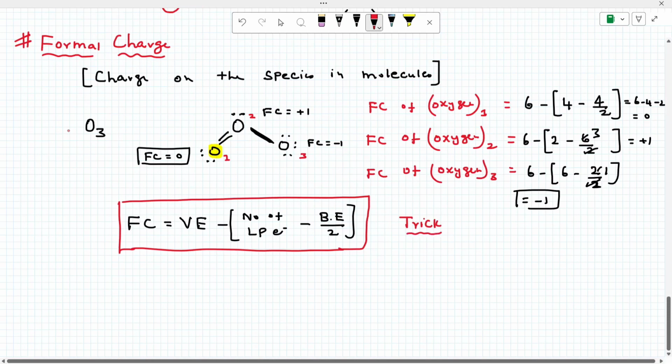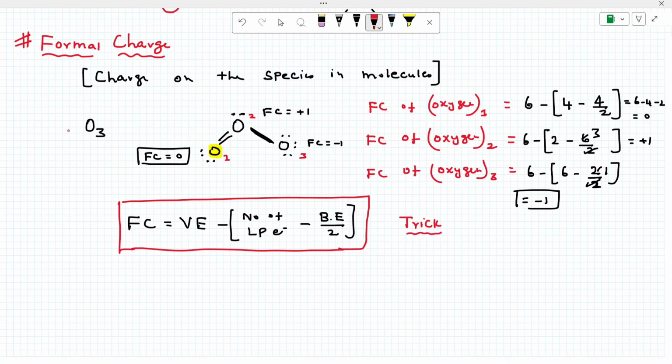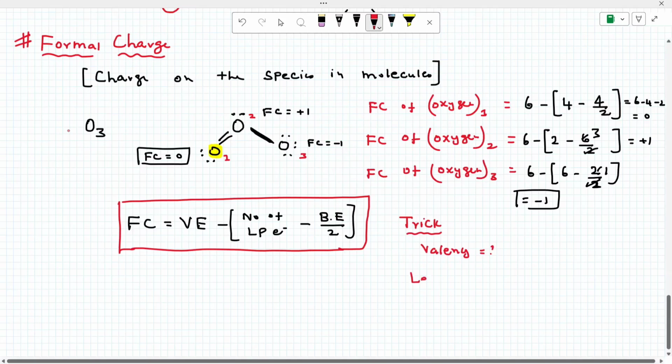Listen, very simple. We have to know the valency first. If the element has less than its valency, we have to put a minus sign.